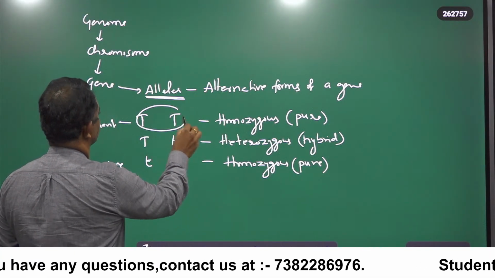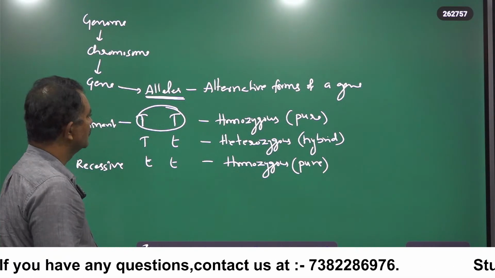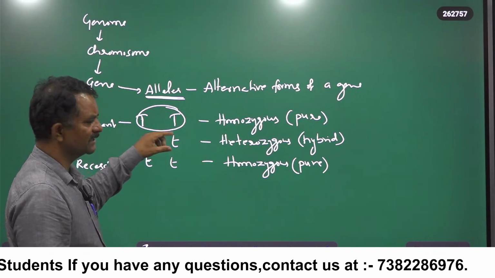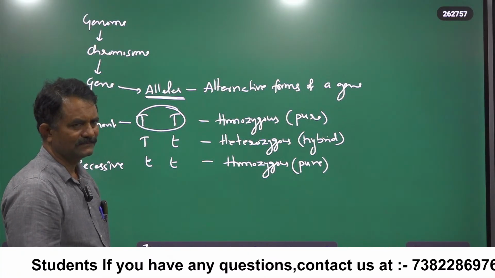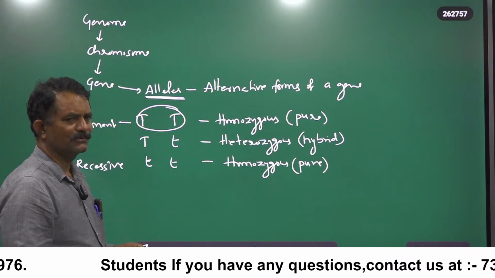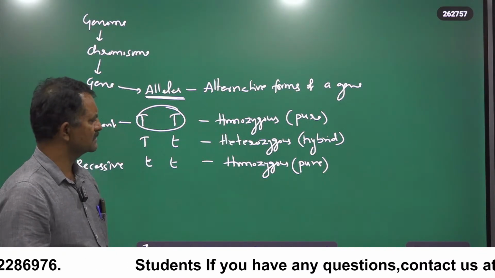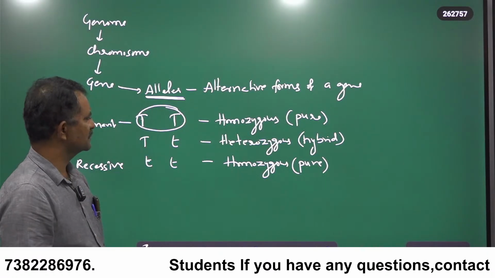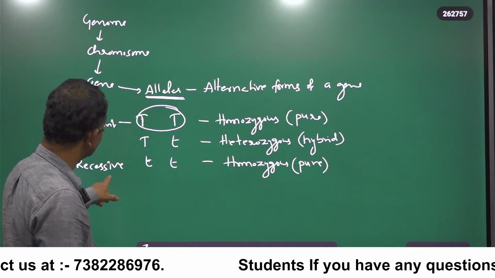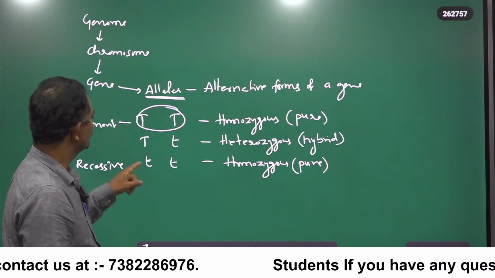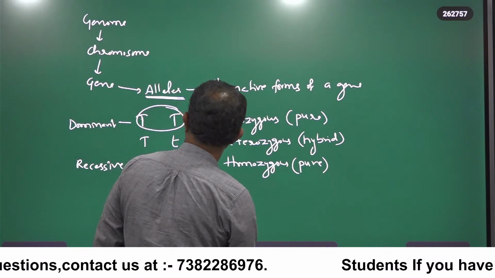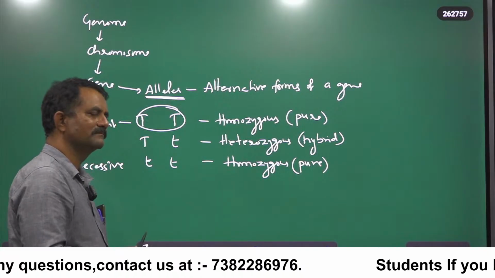The same gene, two different forms, that is the height gene. It constitutes two alleles, both the same, called homozygous, nothing but pure. As well heterozygous, nothing but hybrid. Dominant and recessive.